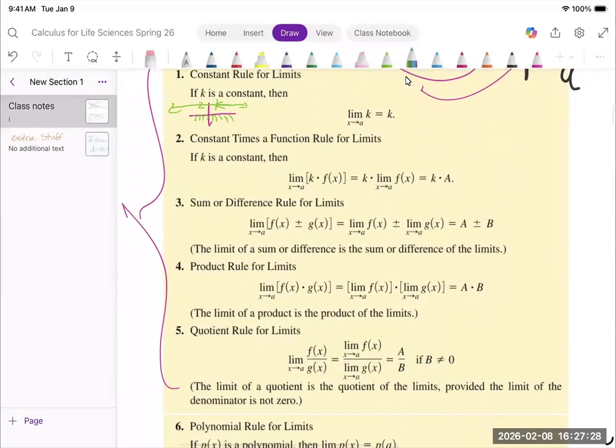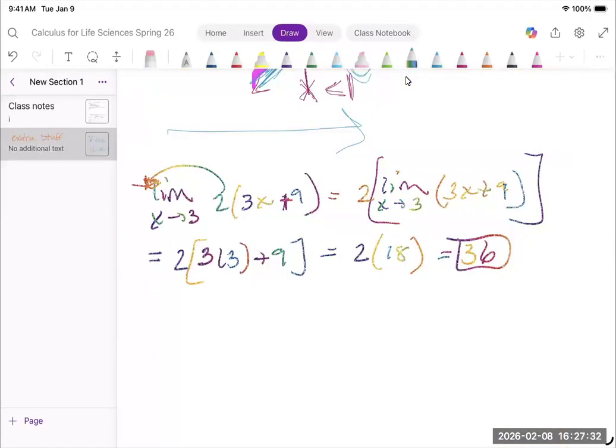Rule 3: we can split limits into separate functions. Even if it's the limit as x approaches 3 of 3x plus 9, we wouldn't necessarily do this for this exact example, but this is the concept. We can split them up into their own limits, and there are various reasons why this makes things easier.